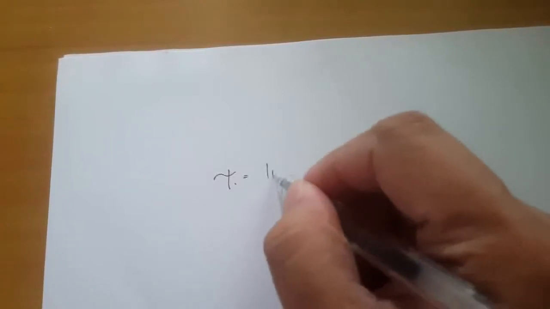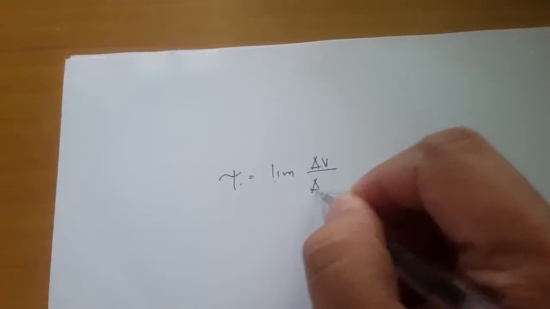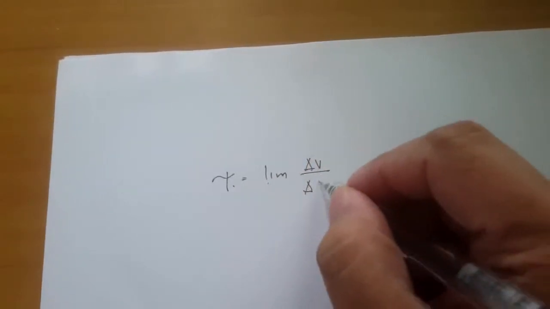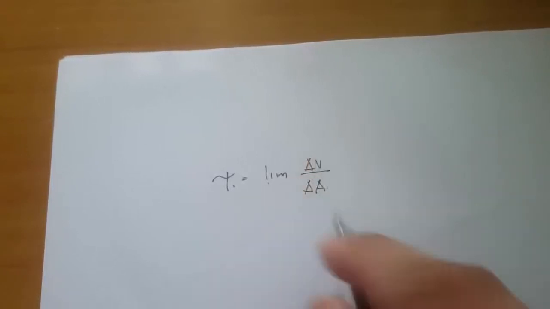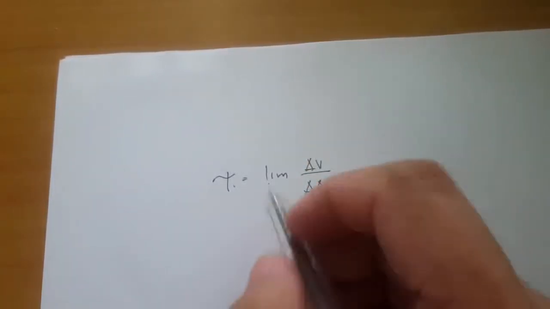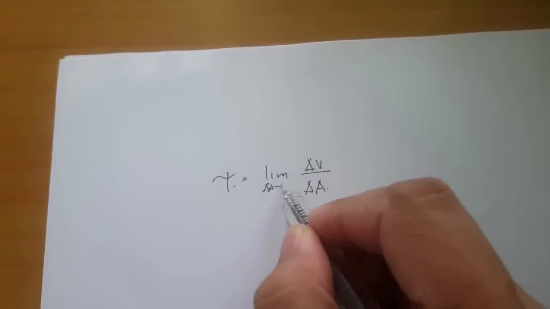Now let's go on to the equations. For the equation, the shearing stress is simply the limit of delta V over delta A. This is the internal shear force, and this is the area concerned, as delta A approaches 0.